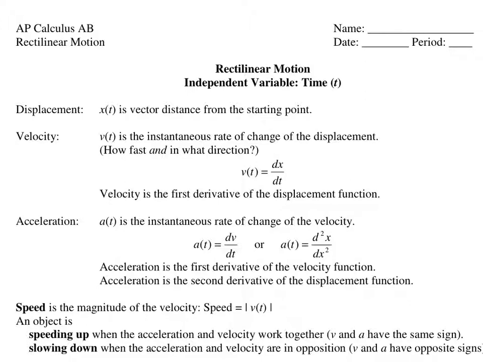Since it is a rate of change, I'm going to find a derivative. The derivative of our displacement with respect to time is the velocity. We could even write that as x prime of t. In fact, you might see it more often written that way than just dx/dt.